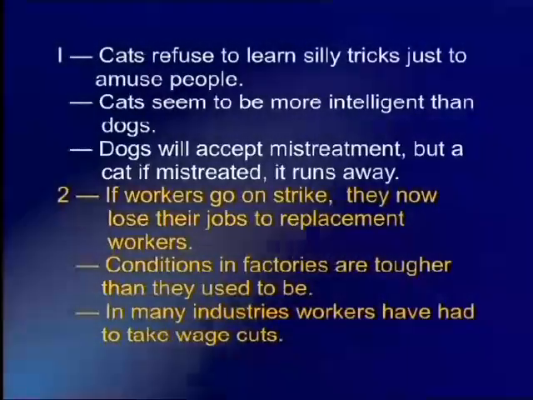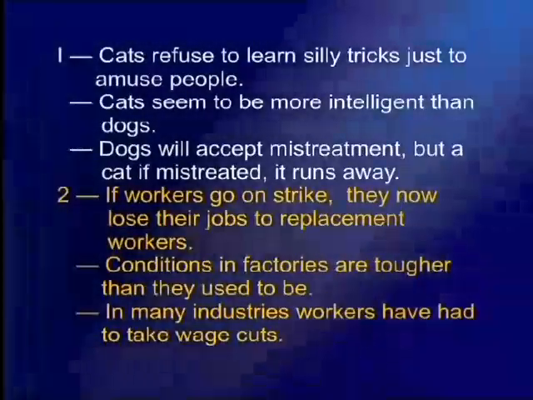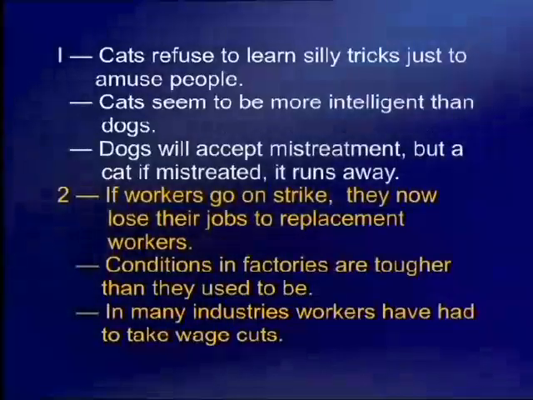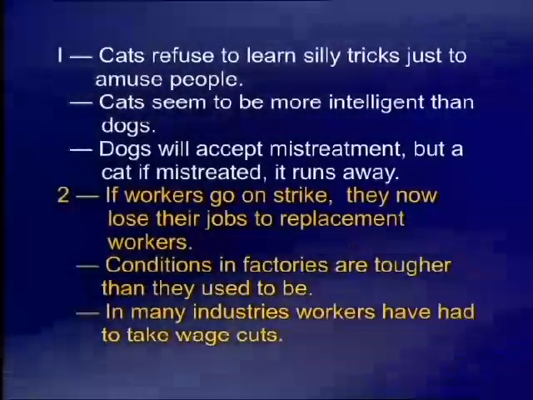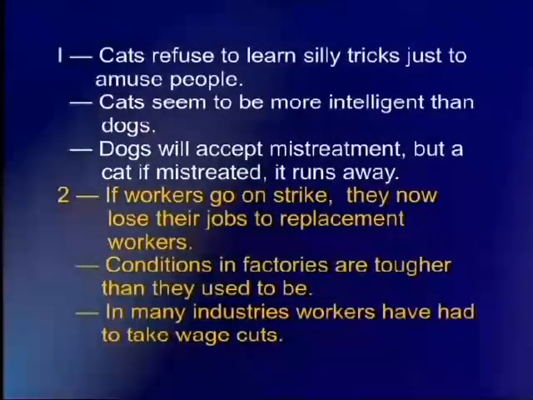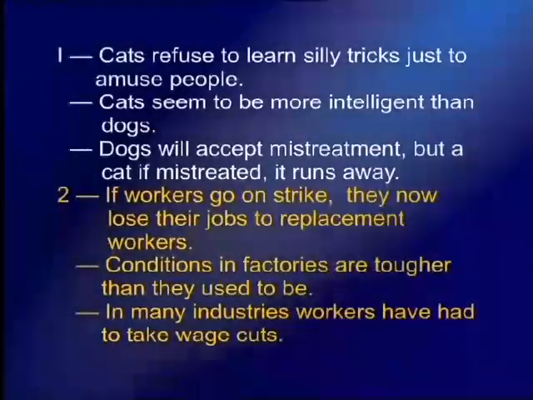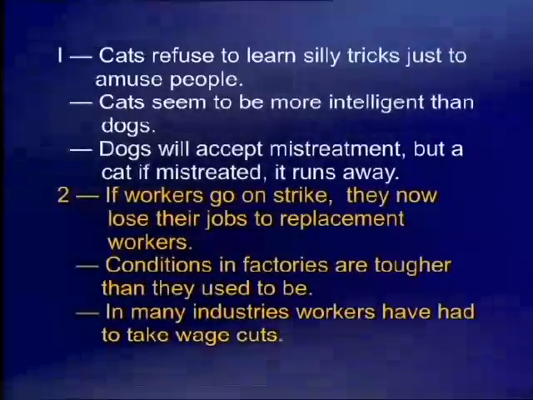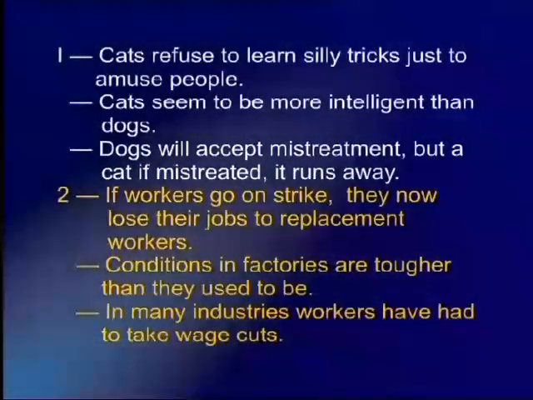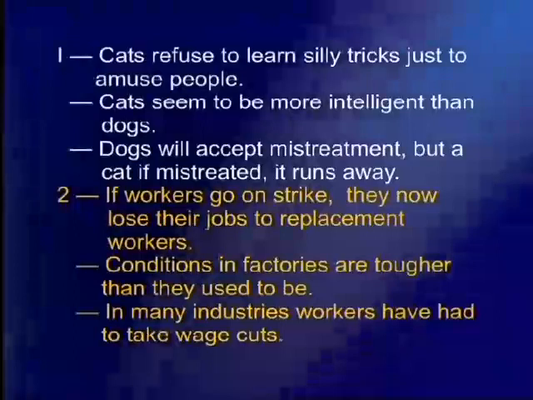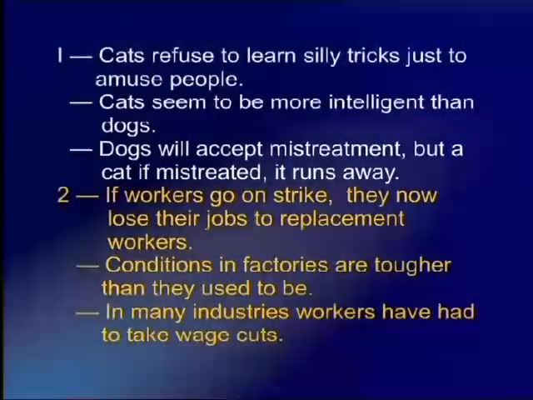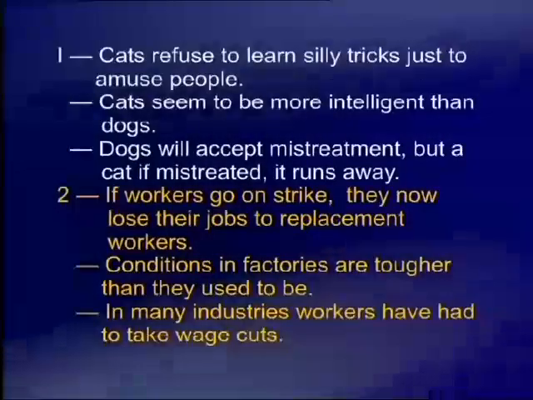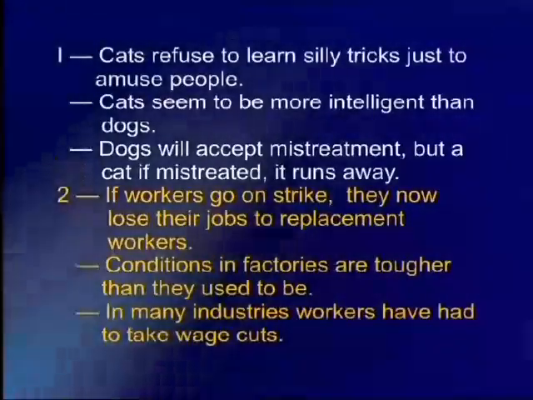The point is, cats seem to be more intelligent than dogs. And the other 2 statements, that dogs will accept mistreatment and that cats refuse to learn silly tricks, these are evidence to support the point made in the sentence, cats seem to be more intelligent than dogs.